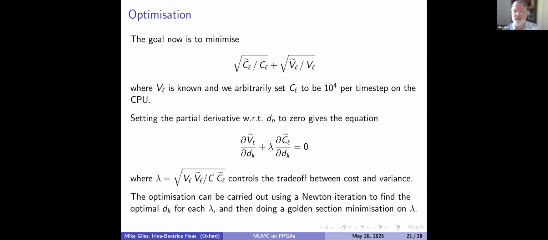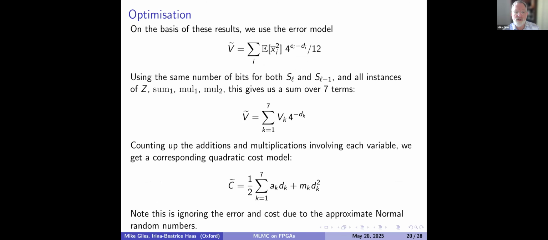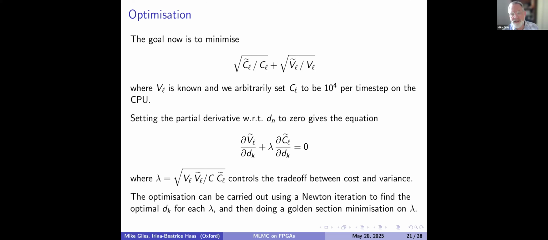So that's 10 to the 4 relative to the C tilde cost being given at the bottom there, with A and M being the number of additions and multiplications, and dk being the number of bits for variable k. So this is a somewhat arbitrary choice of picking 10 to the 4. We think that that's realistic, but this is where we need real experimentation on an FPGA to see whether that number is actually sensible.